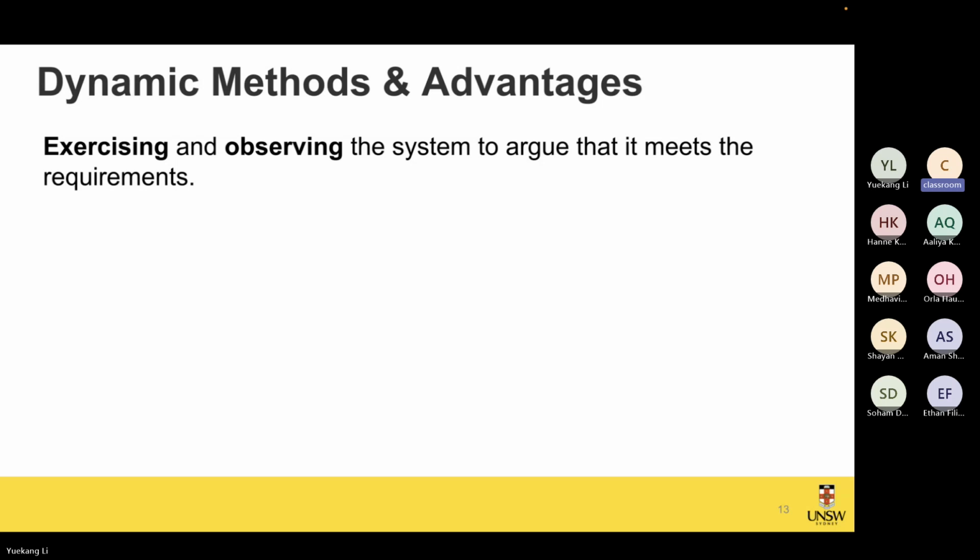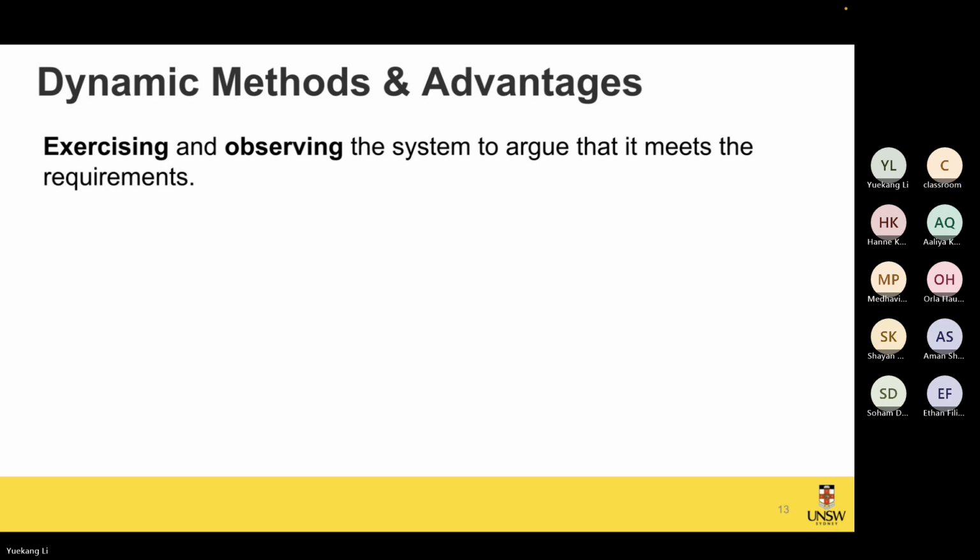And for dynamic methods, it's more about exercising and observing. So we run the code, we exercise the code, and then we observe whether the software behaves wrongly during the execution.